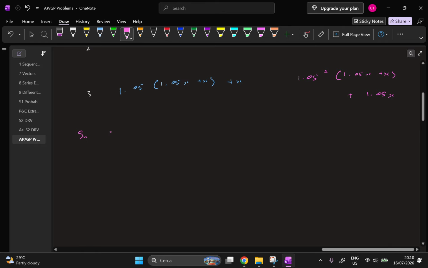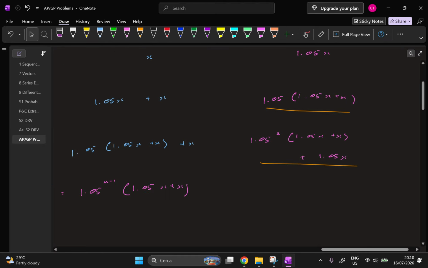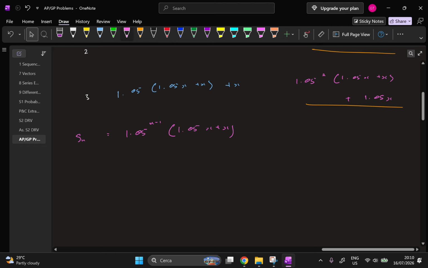So if I want to expand this further, I can see that in general, I have 1.05 to the n minus 1. So I'm looking at both this thing and this thing. And I generalize it from here to be in terms of n.